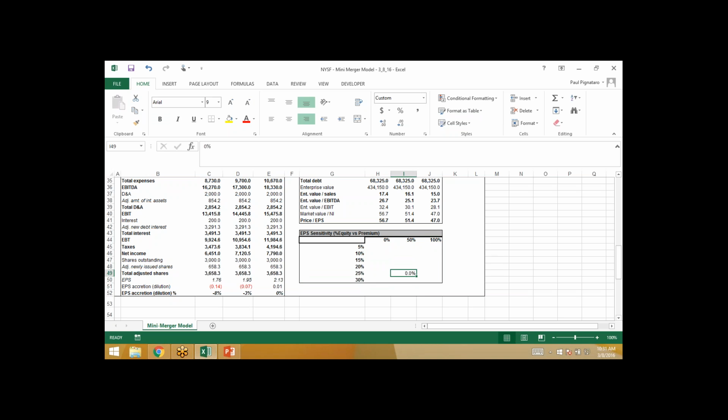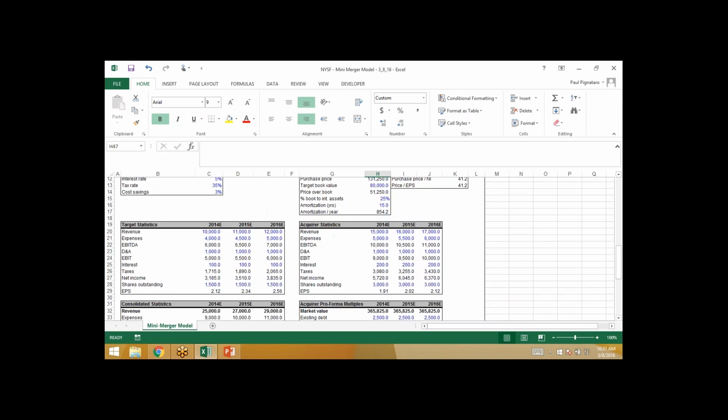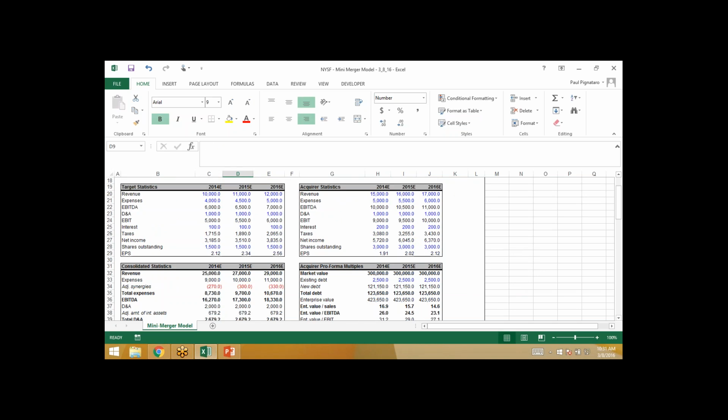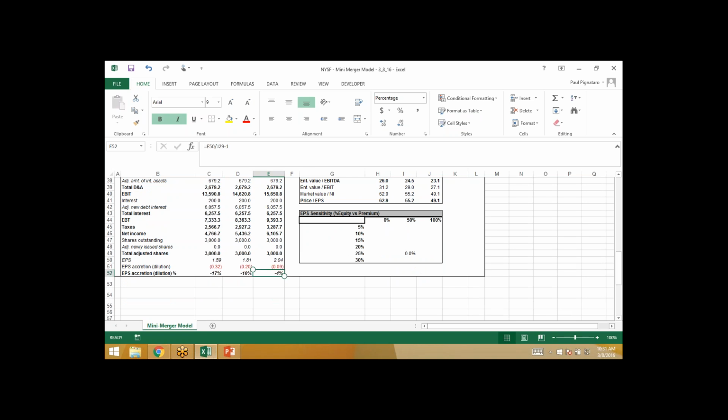Okay? If we want to fill out this data point, which is 0% equity, 15% premium, we'd go up here and run that scenario, which gives us minus 4% dilution. So minus 4% goes here. You see?